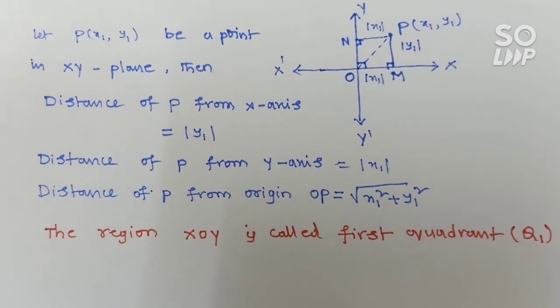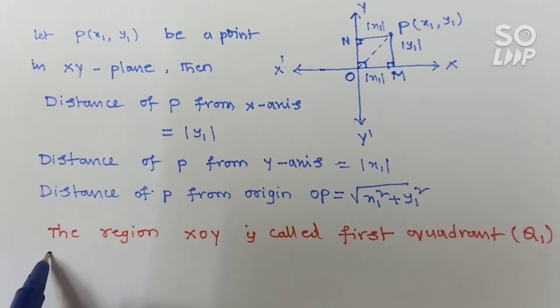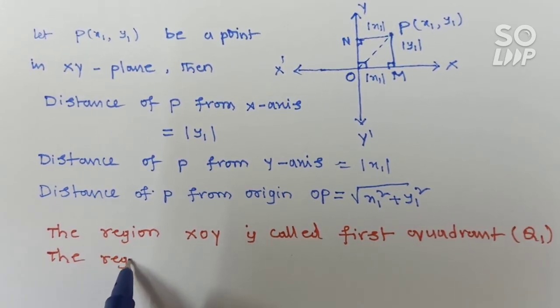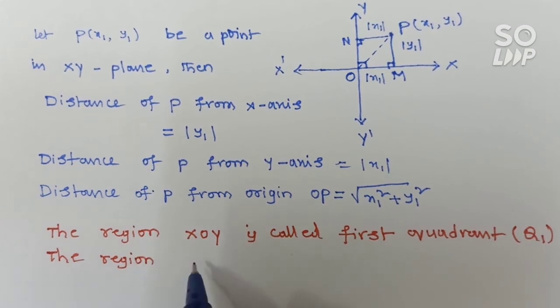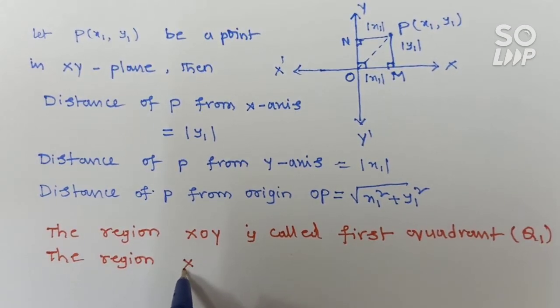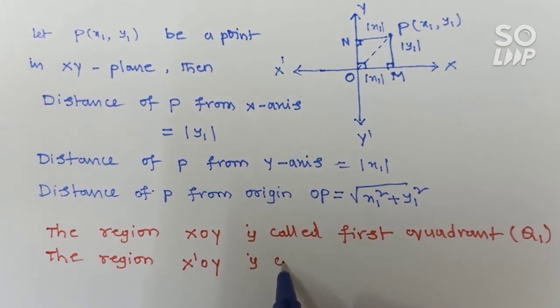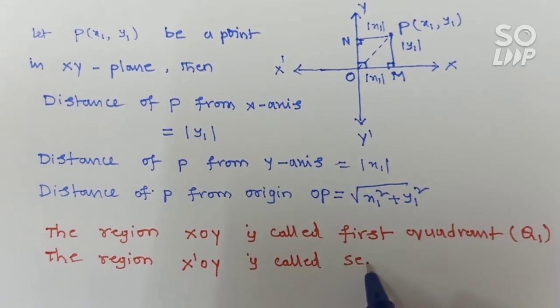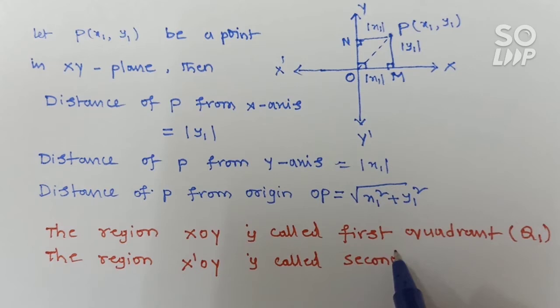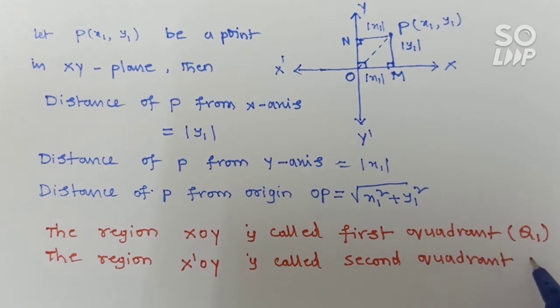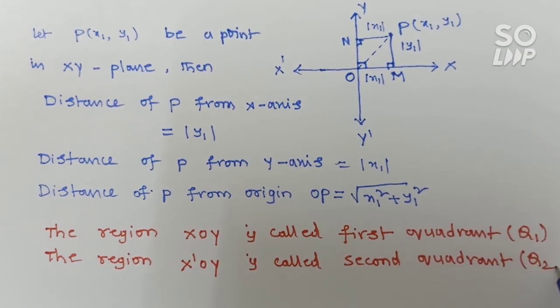The next one is the region X dash OY, called the second quadrant. It is denoted by Q2.